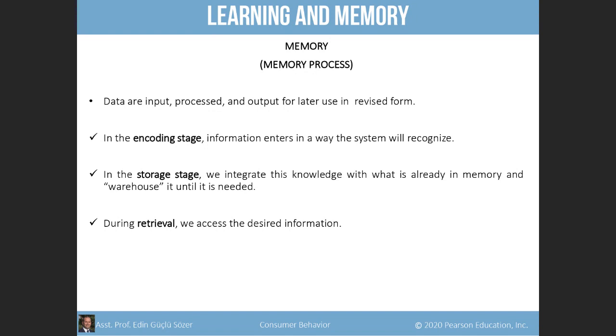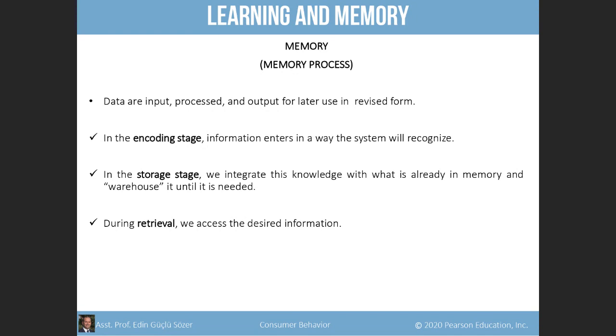In the data processing, we store the information in our memory for further use. It's like a warehouse of information. So memory can be defined as the warehouse of information. And finally, there is a retrieval stage.